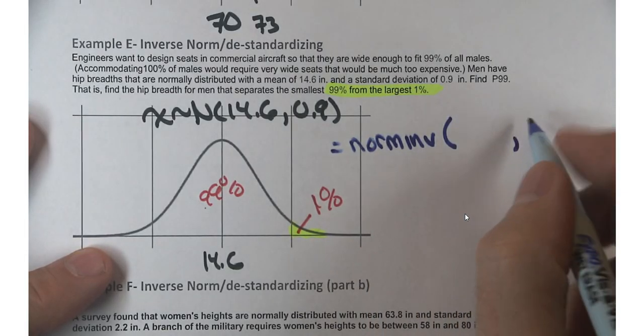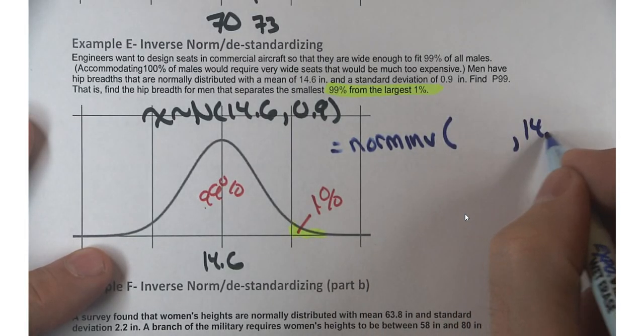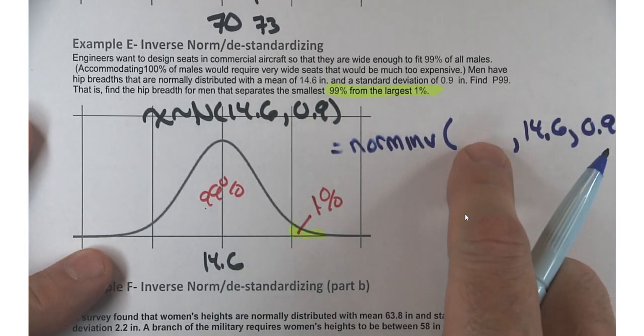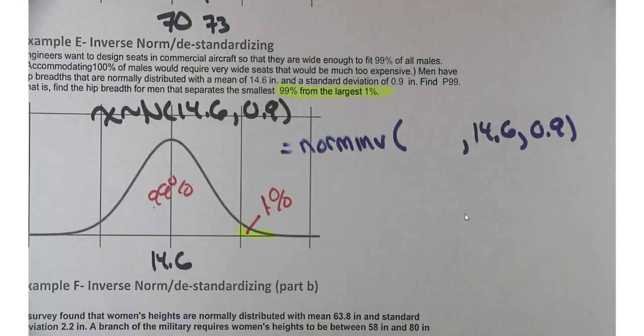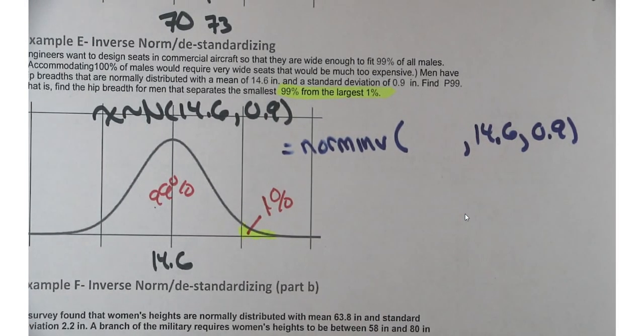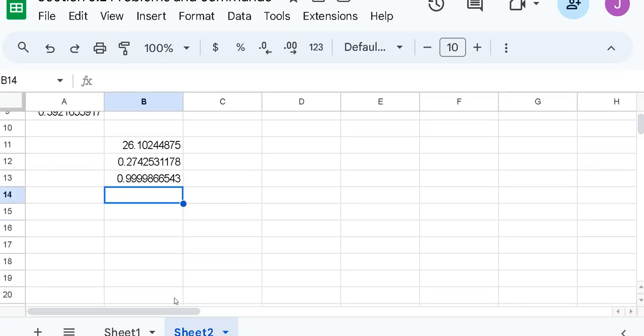I'll throw in the mean and standard deviation here for you, 14.6 and 0.9. But what should I put here? What number goes there? Tell you what, let's experiment with 0.01 and see what happens. So let's come up here.